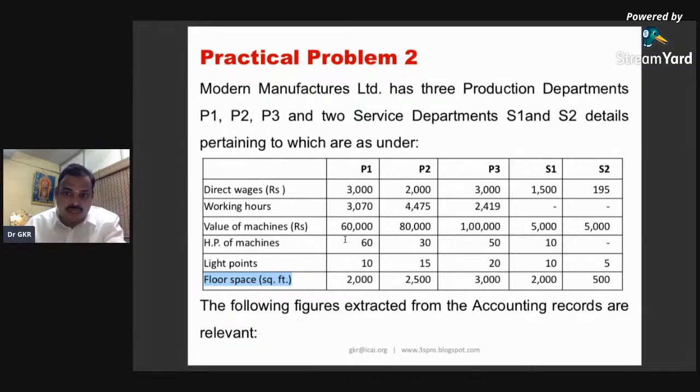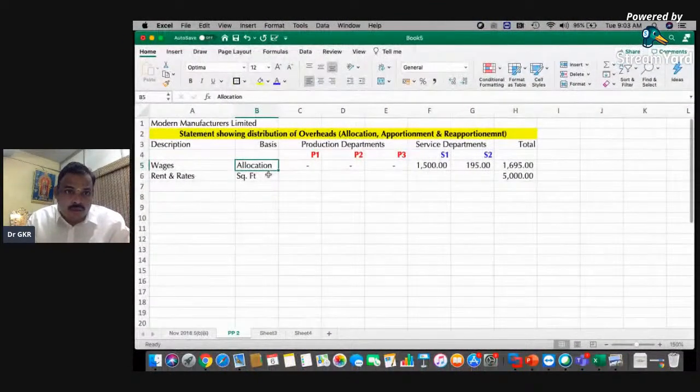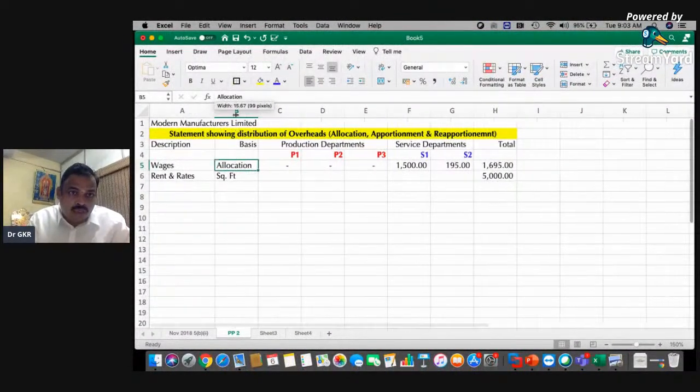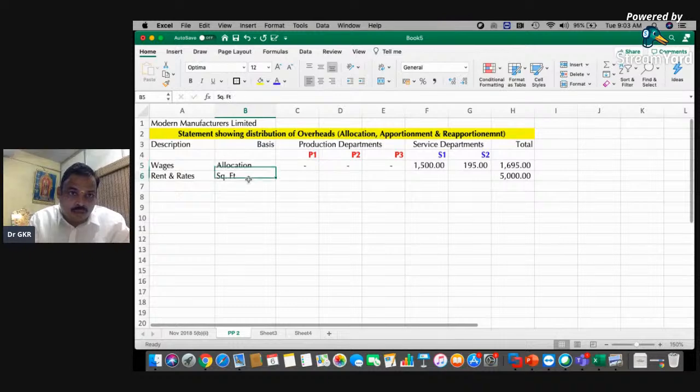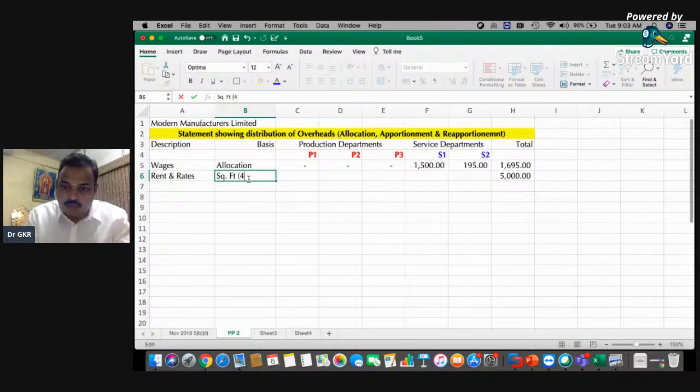Everything is divisible by 500. So divide by 500: 4, 5, 6, 4, 1. The total is 4 plus 5, 9, 9 plus 6, 15, 15 plus 4, 19, 19 plus 1, 20. So 4 by 20, 5 by 20, 6 by 20, 4 by 20, 1 by 20. So the ratio I will put here, the base is square feet. It is 4 is to 5 is to 6 is to 4 is to 1.